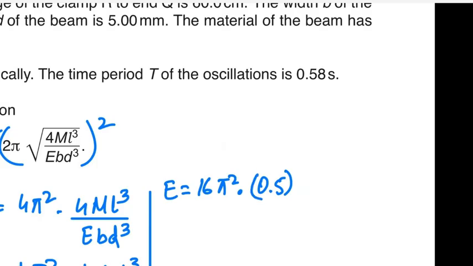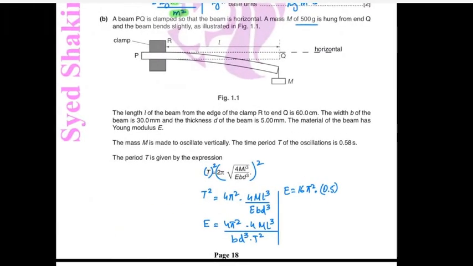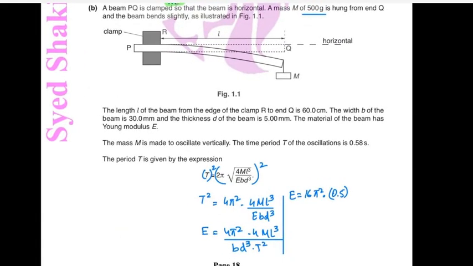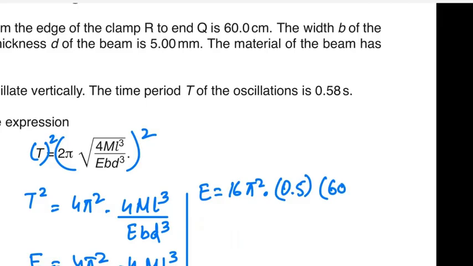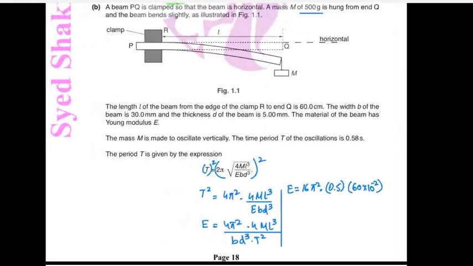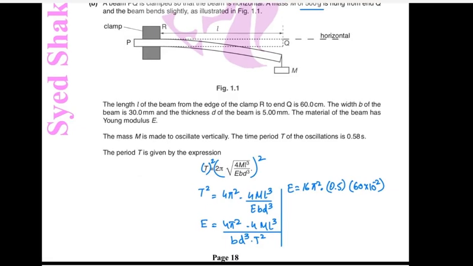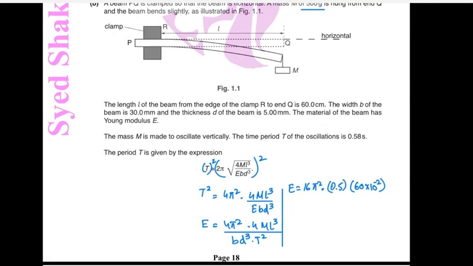Multiplied by L, the length of the beam, 60 centimeter, right? So you will write it as 60 into 10 to the power negative 2 meters, that's divided by 100. What's next? That's cubed, right?